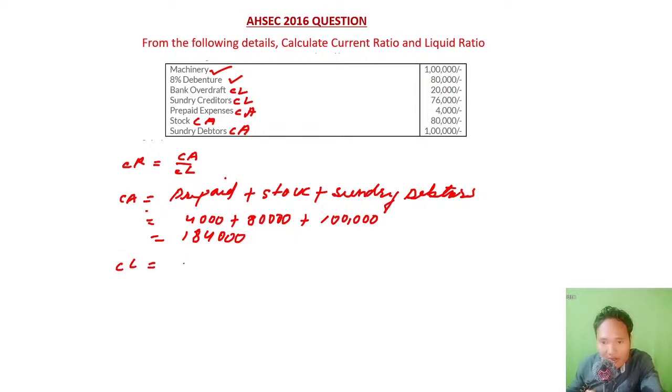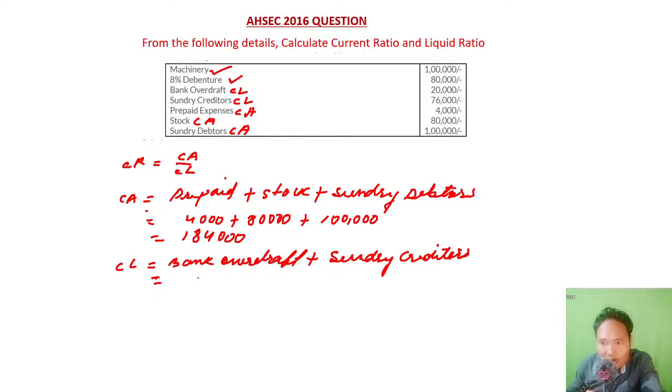In current liabilities, the items are bank overdraft and next we have sundry creditors. That's all, only 2 items are included in current liabilities.